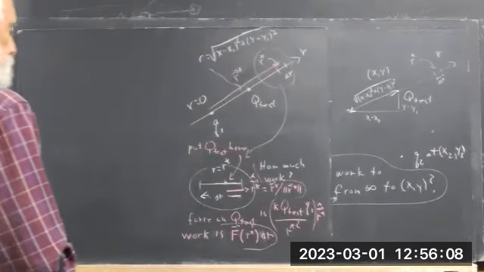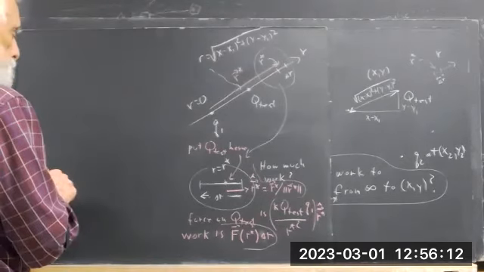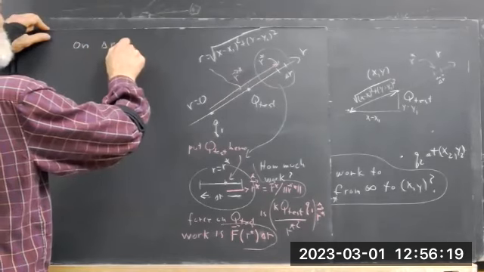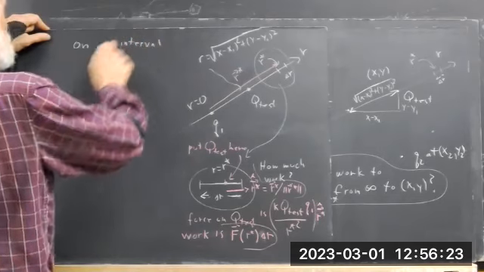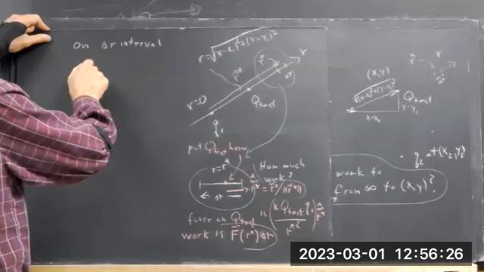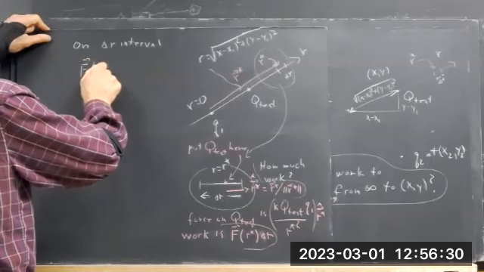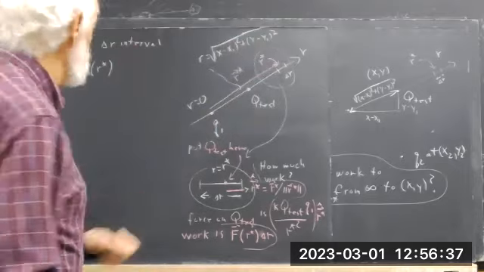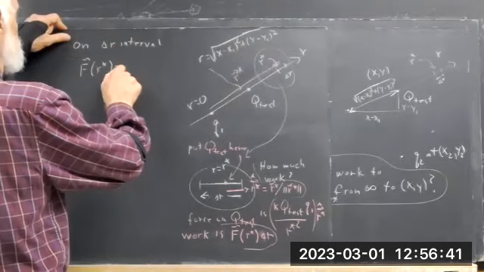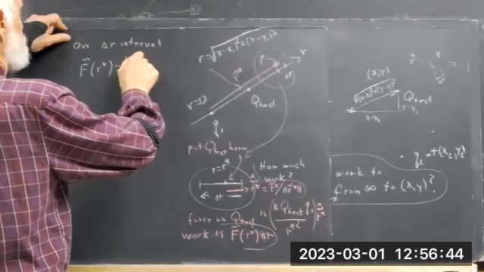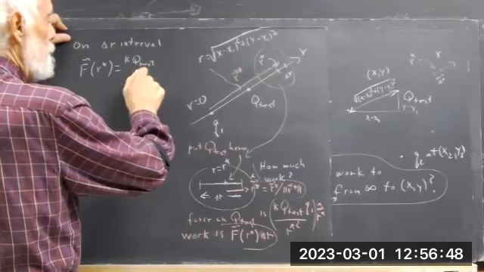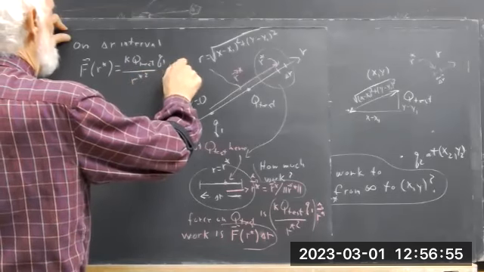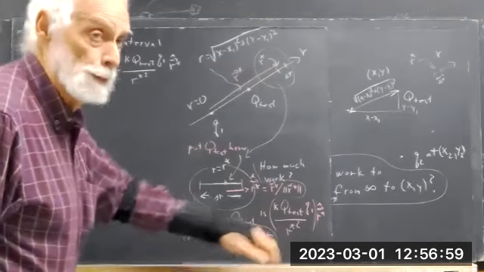Turns out that the work then, put our delta R interval, delta R star, which is the magnitude of this vector, is the distance from here to there, equals the same expression I wrote down here.